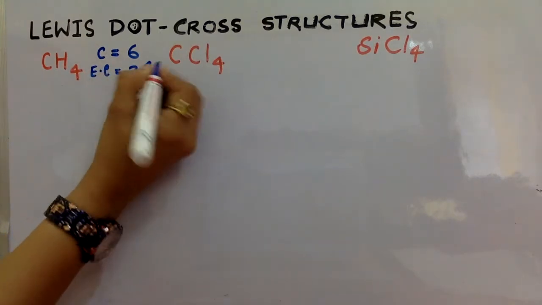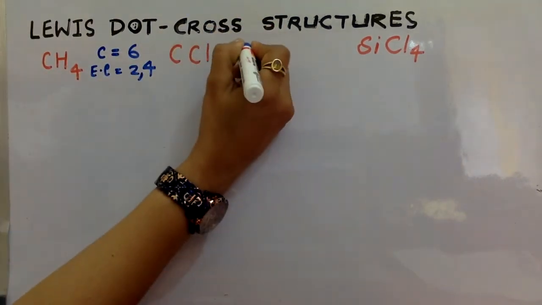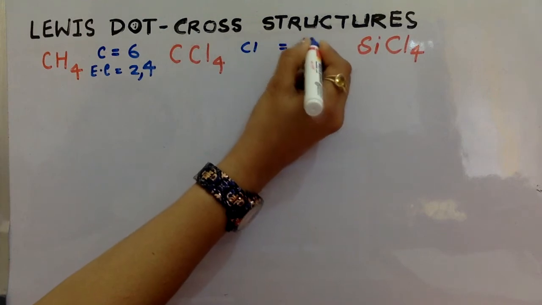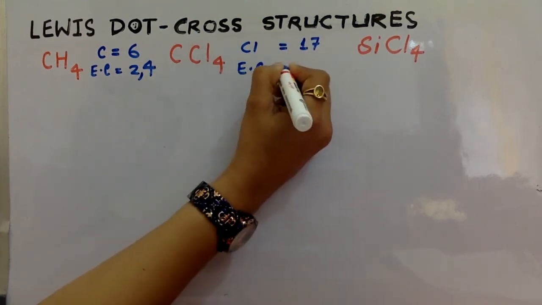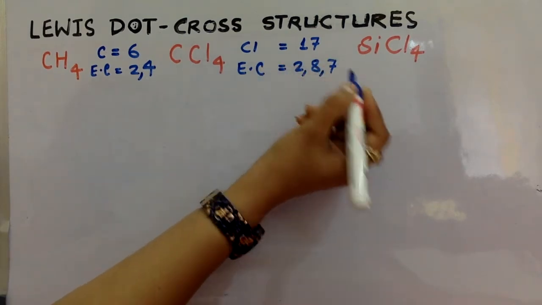Same thing we need for CCl4 as well. We will also need chlorine, atomic number 17, and its electronic configuration, which is 2 8 7.